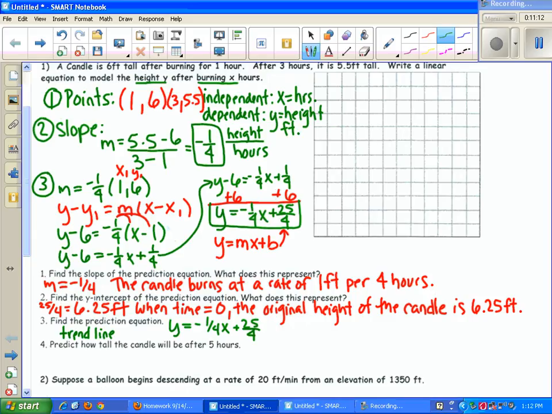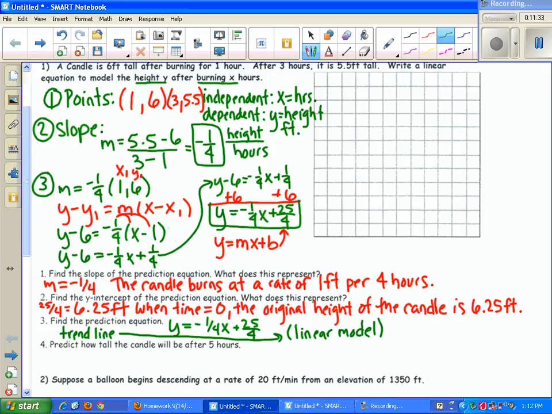Or sometimes it's also called a linear model. So I'm going to write that down over here. So also called, because I'm running out of room, linear model. So all of those things mean the same thing: prediction equation, trend line, linear model.